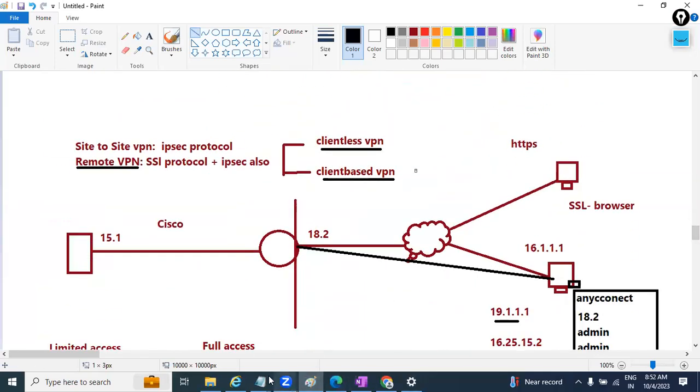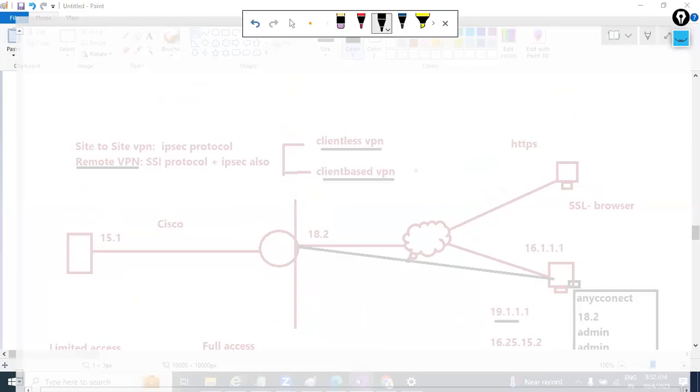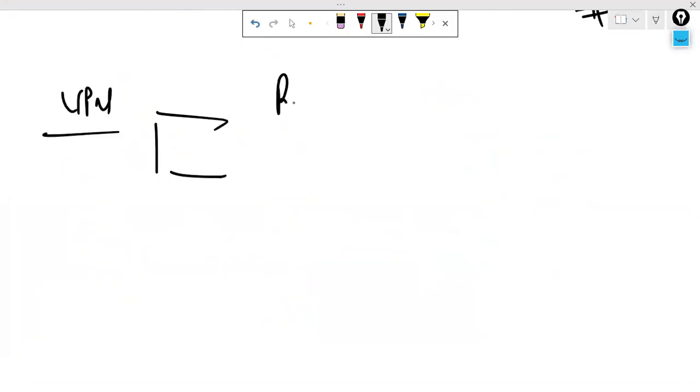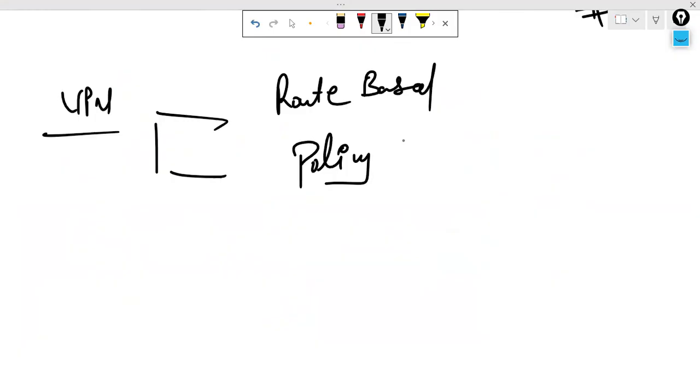Till now, in terms of VPN categories, we have discussed first, route-based VPN, and second, policy-based VPN. Next concept is in terms of deployment.